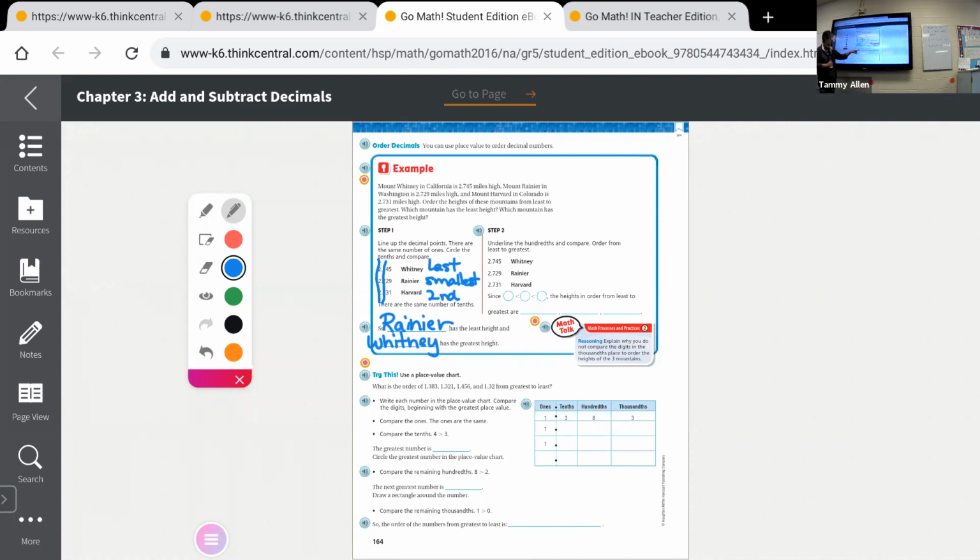They put the first number in the table. We can put the second one in the table. The third one. And the fourth one. Well, if there's nothing here, what digit would go there? This time it went from greatest to least.